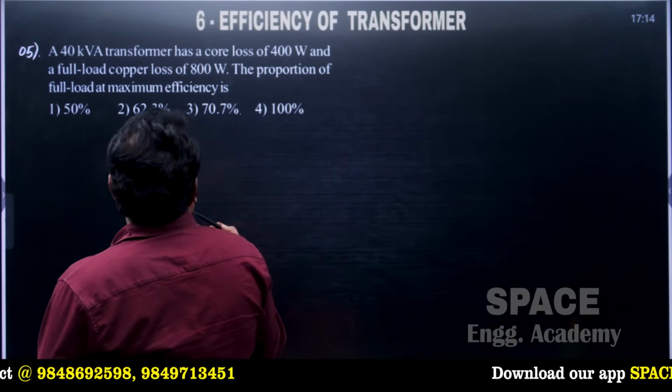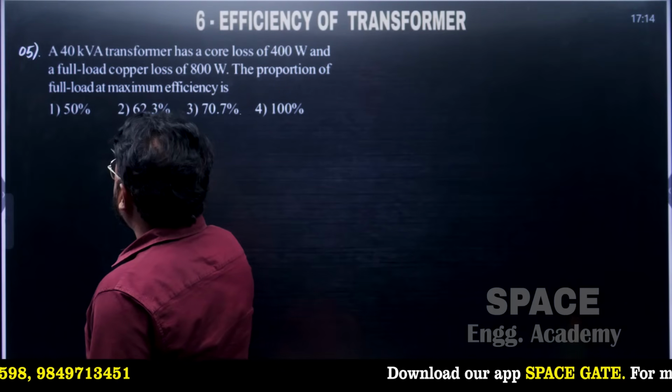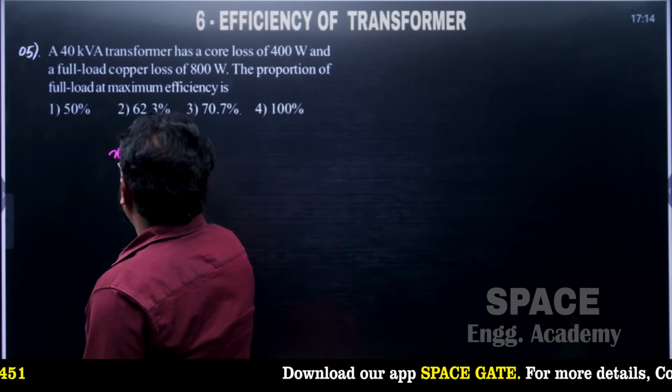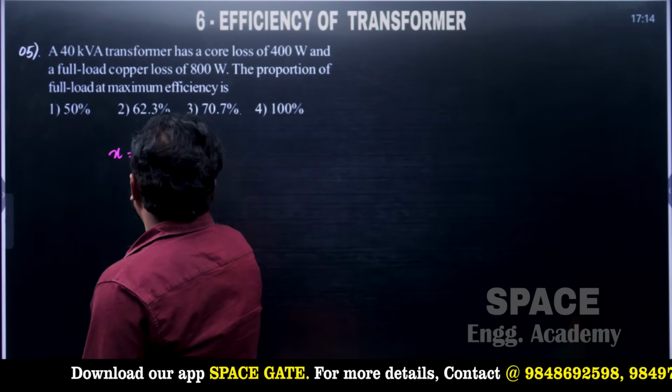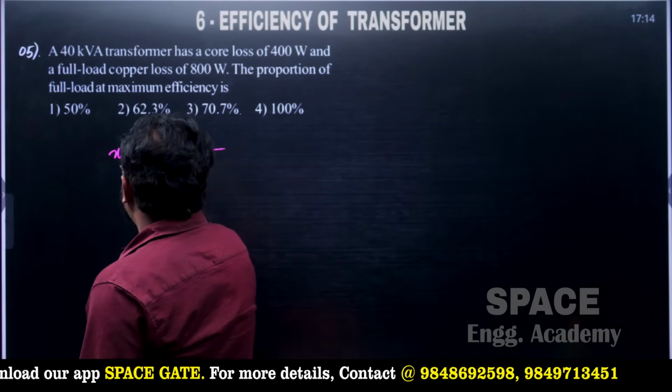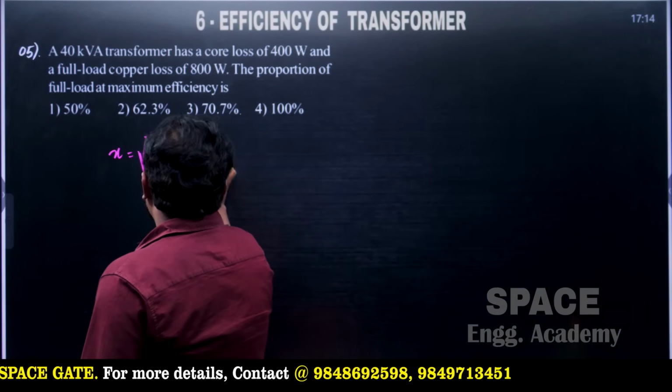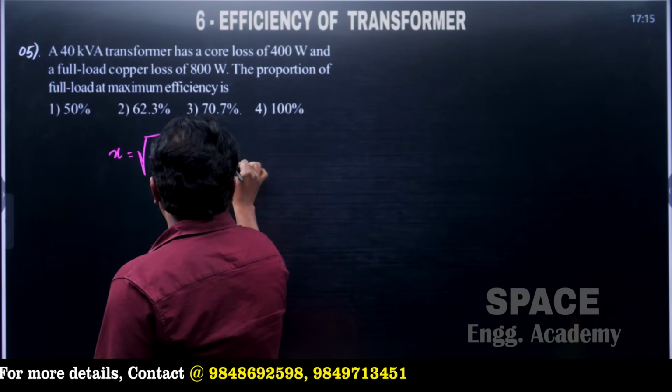The fraction of the load at maximum efficiency condition, the x value, is equal to the square root of iron losses divided by the full load copper losses of the transformer.